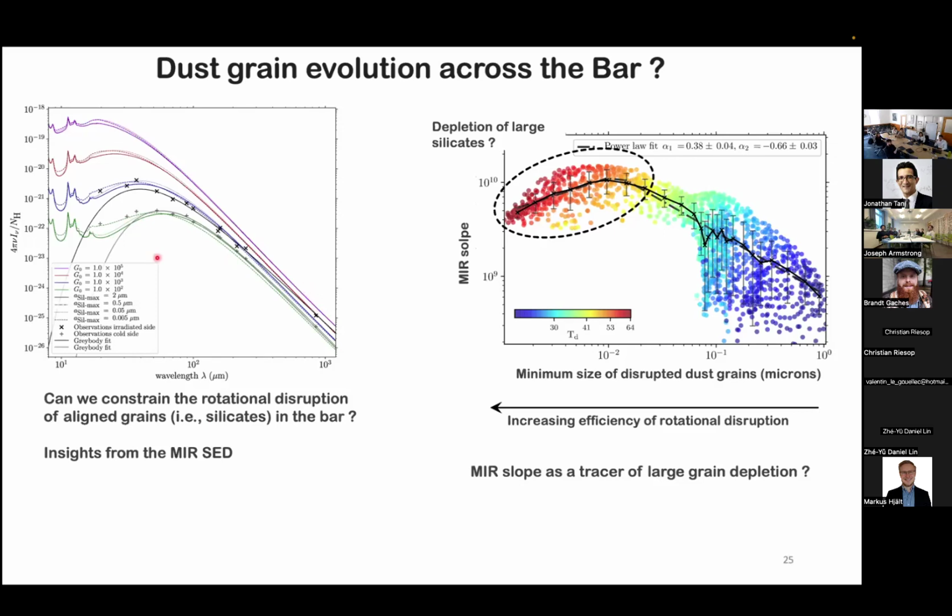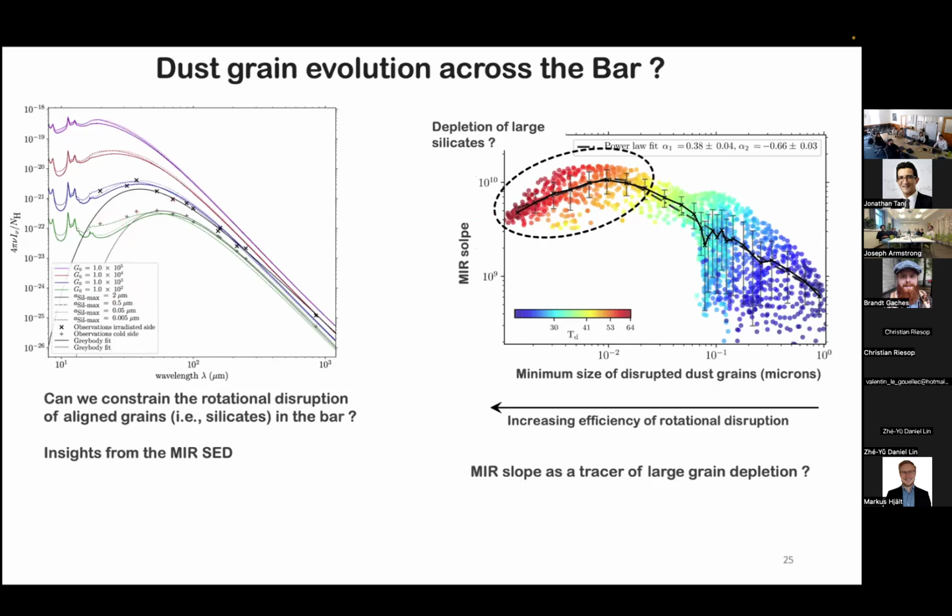We try to see if we see such an excess by measuring the mid-infrared slope. You can see here on an SED that if you change the maximum size of silicates, you indeed repopulate small grains, and you see an excess in the mid-infrared.